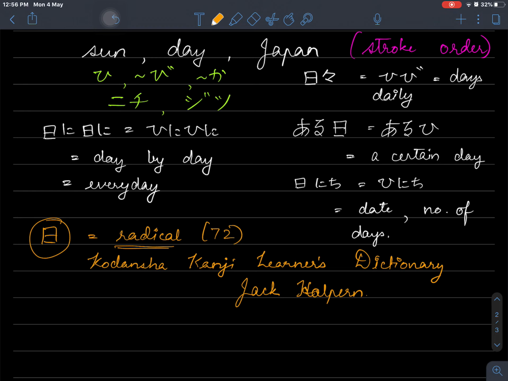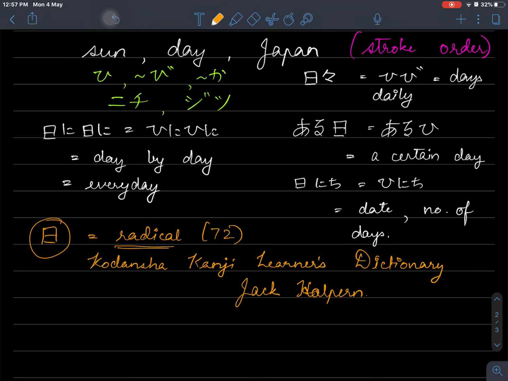This kind of information will be present in some kanjis and not in others. Right now we are not going to touch on radicals, so I will just briefly mention what radical it is and move on without going into too many details. Okay, moving on.